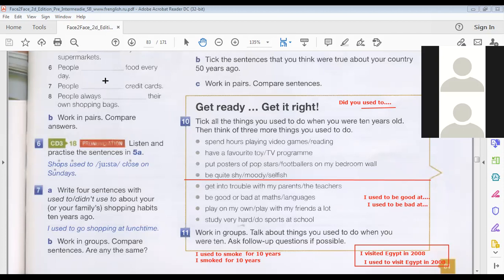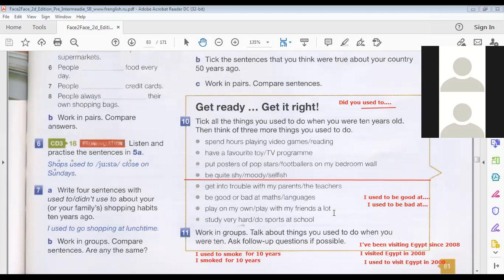But if you say, let's make it even more interesting, I've been visiting Egypt since 2008, here I'm going to use present perfect continuous. Now we have another meaning, right?